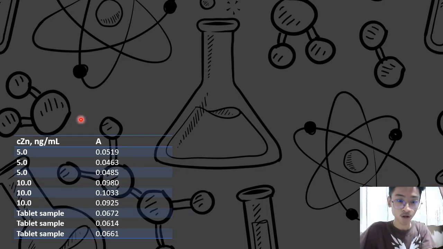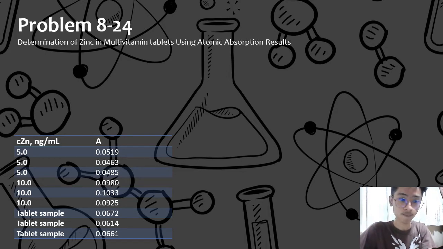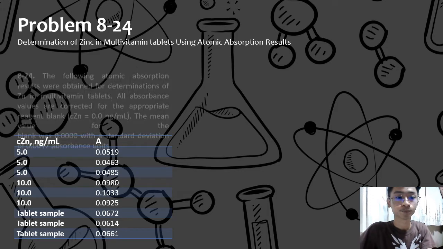Here's the table of the data presented. The first problem is the determination of zinc in multivitamin tablets using atomic absorption results. By the way, these two problems are included in the topic atomic absorption spectroscopy.